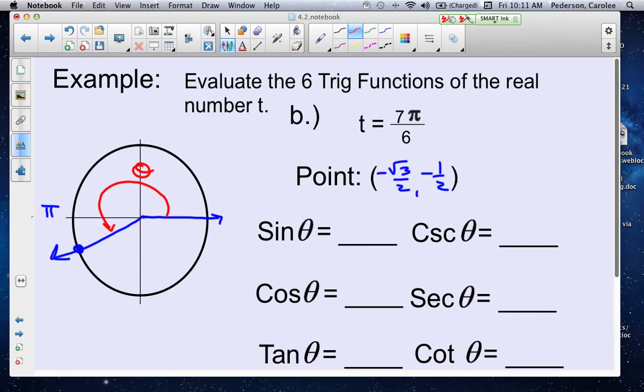It's the y value. What's the cosine? The x value. Negative square root of 3 over 2. All right, let's go find the tangent.